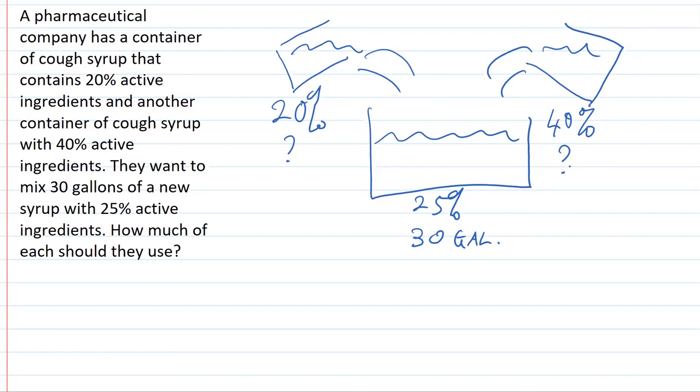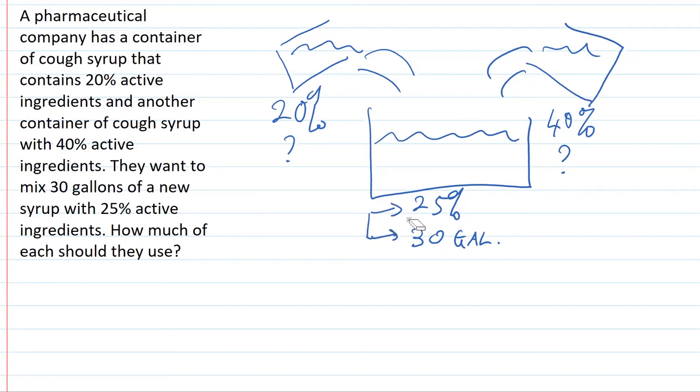When you read a word problem, you want to understand the scenario, what's going on of things being mixed, what people do with the 20%, what people do with the 40%, and where did the 25% come from, right? You want to understand the scenario. And then you also understand what kind of information you're given and what kind of information you're not given that you need. So in this case, it seems like there's the concentration and the quantity, and they're kind of related.